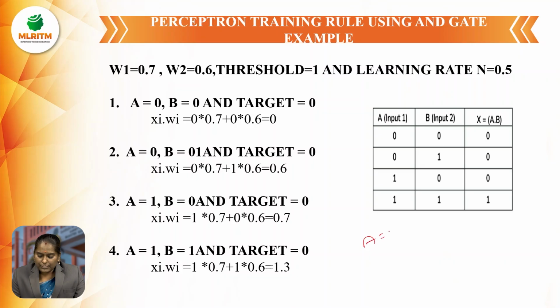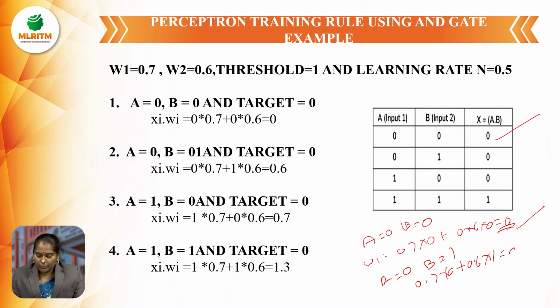Again A equal to 0, B equal to 0. So 0.7 into 0 plus 0.6 into 0, the answer is 0. Target output is 0, actual output is 0, so the condition is satisfied. Next, second value: A equal to 0, B equal to 1. So 0.7 into 0 plus 0.6 into 1 gives 0.6, which is less than the threshold. This condition is also satisfied.